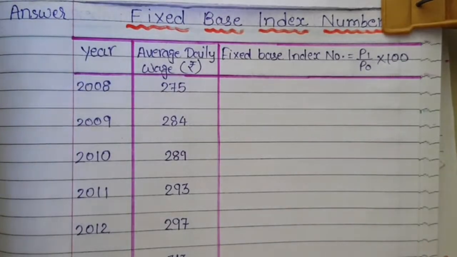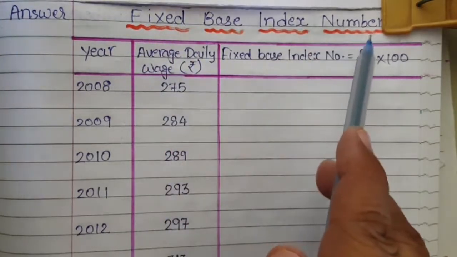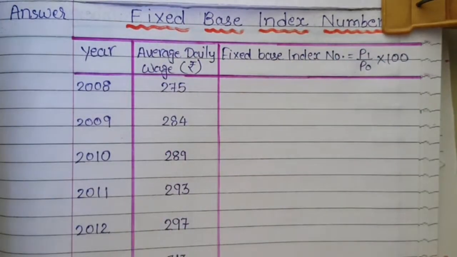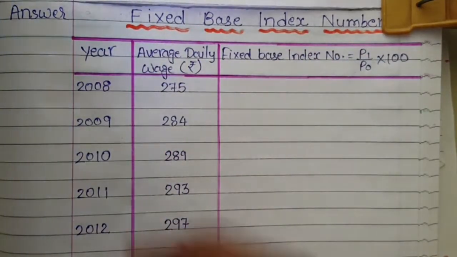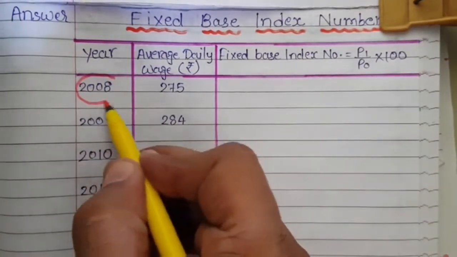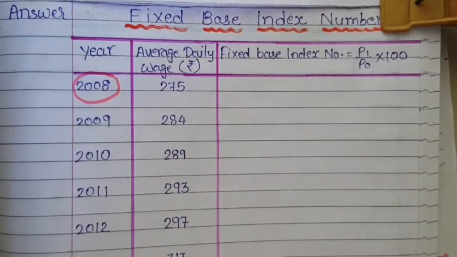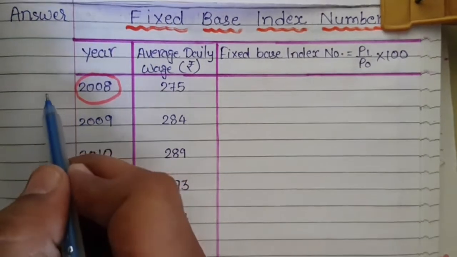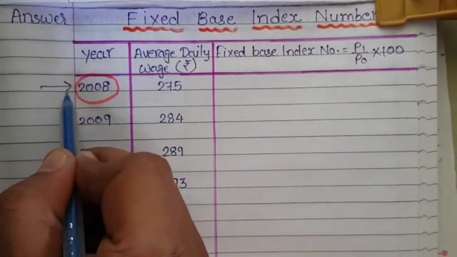In the textbook you can see that in this sum for fixed base index number method, we have to take 2008 as base year. In the textbook it is clearly said that we have to take 2008 as a base year. So for every year we have to take 2008 as base year. So first of all I am going to calculate for 2008.